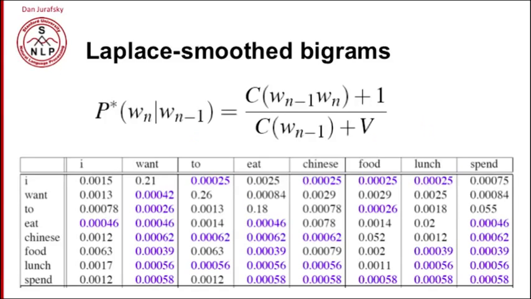So now we can compute the bigram probabilities from those counts using the Laplace add-one smoothing equation we saw earlier. And now we've got all of our add-one smoothed bigrams. So we have, again, the probability of 2 given 1 is 0.26, and now all of those zeros have turned into other things, 0.00042, 0.0026, and so on.